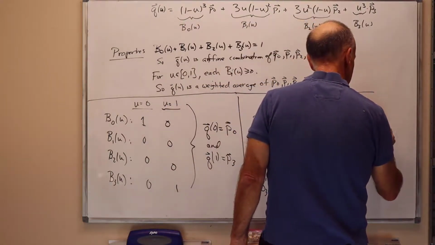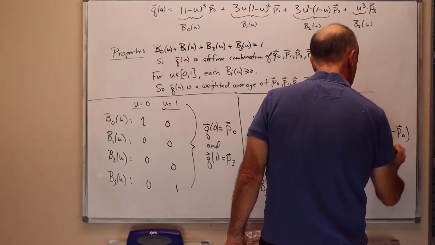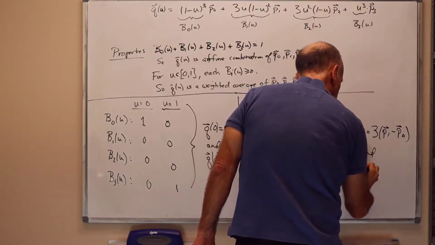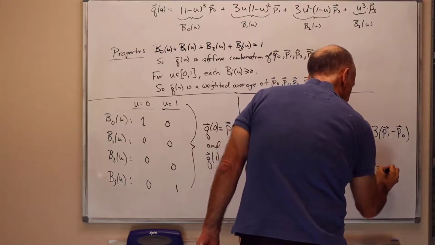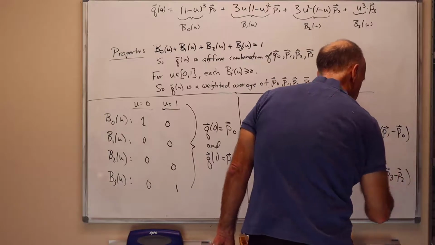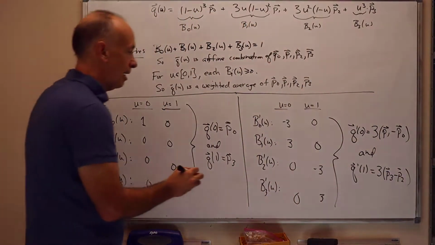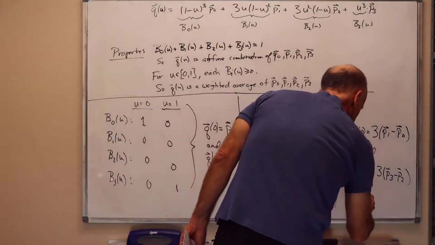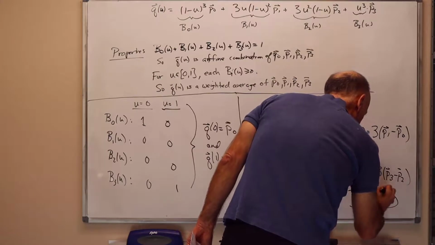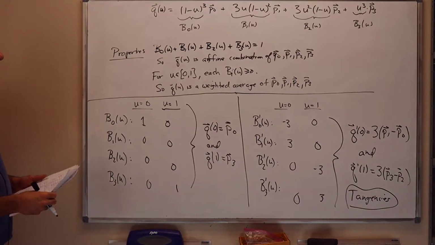And this turns out to be 3 times (P1 minus P0). And the derivative at 1 is 3 times (P3 minus P2). So this is going to give us the tangencies. So this will imply the stuff about the tangencies that I talked about.